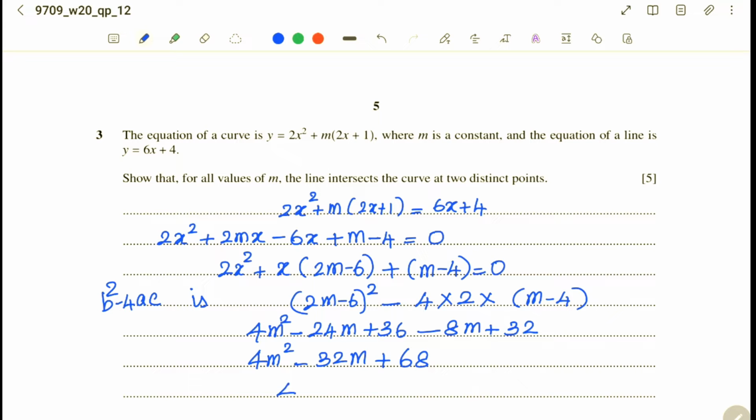Let us take 4 commonly: m square minus 8m plus 17.